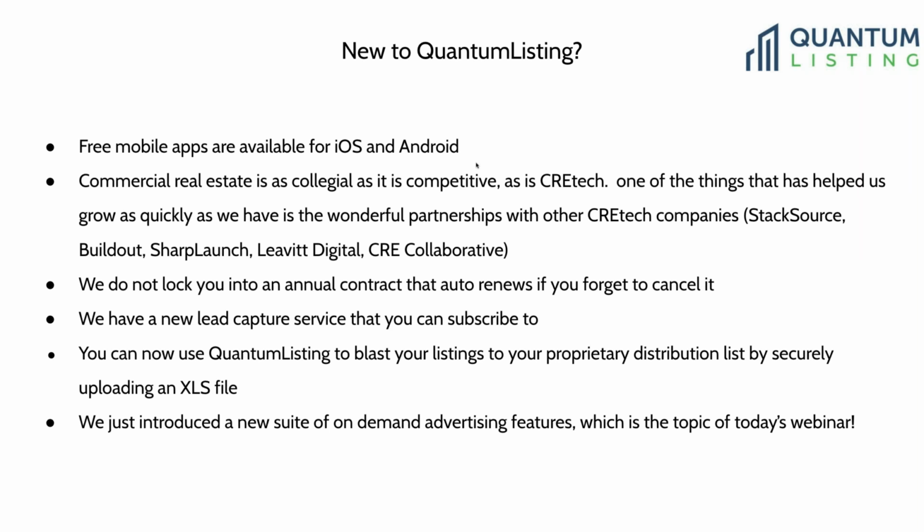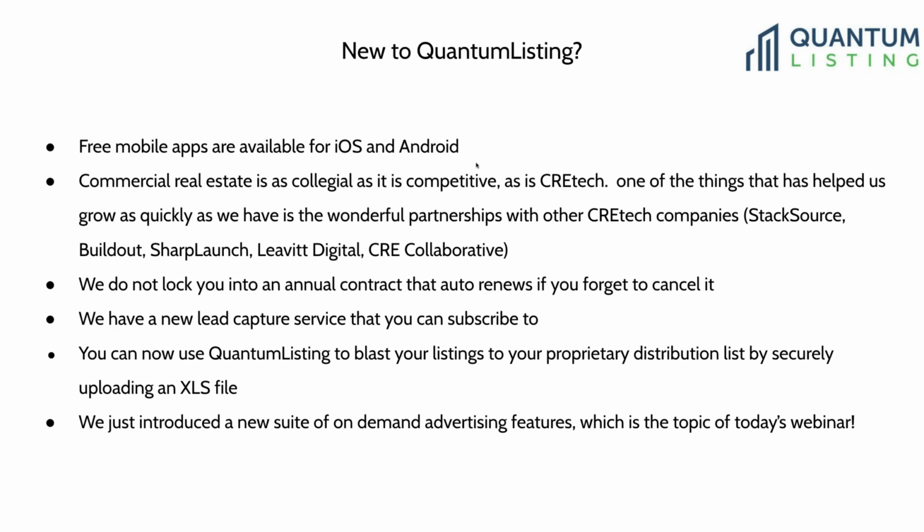And we also have some wonderful partnerships with other commercial real estate tech companies: StackSource for helping your potential customers get financing; Buildout and Sharp Launch syndicate listings to our service. Levitt Digital is a service to which our members can sign up to syndicate their listings to them, and they have a network of 500-plus local news sites, so it's a great resource for you to use to get even more mileage out of your listings.